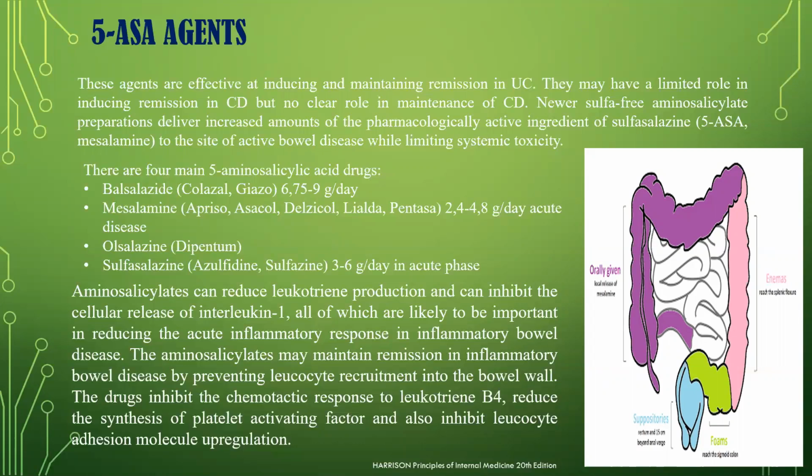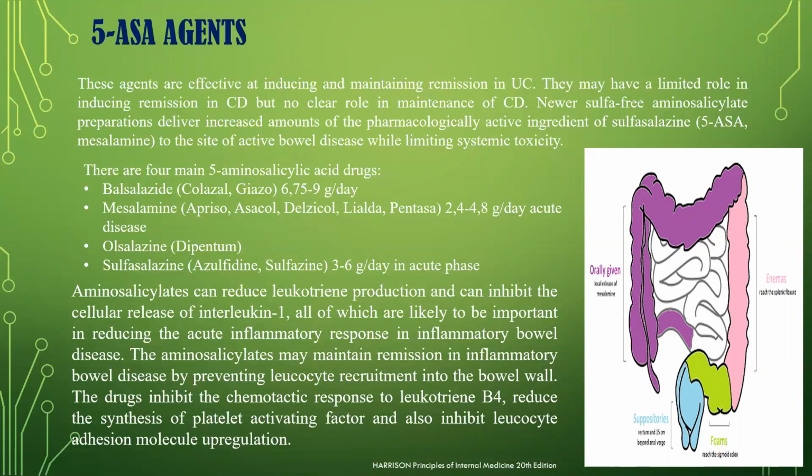They may have a limited role in inducing remission of Crohn's disease, but no clear role in maintenance of Crohn's. New sulfur-free aminosalicylate preparations deliver increased amounts of the pharmacologically active ingredient of sulfasalazine to the site of active bowel disease while limiting systemic toxicity. There are four main aminosalicylate drugs, but usually we use only three: balsalazide, mesalamine, or sulfasalazine.